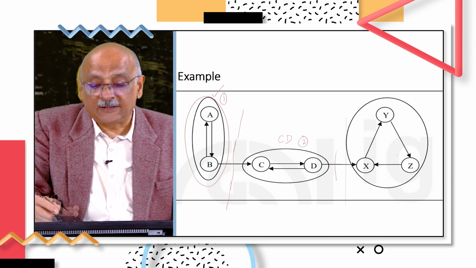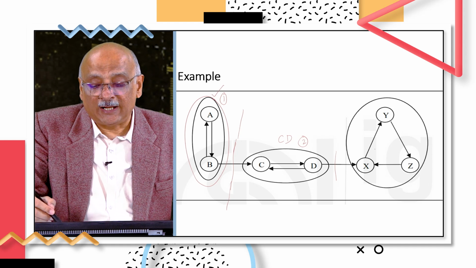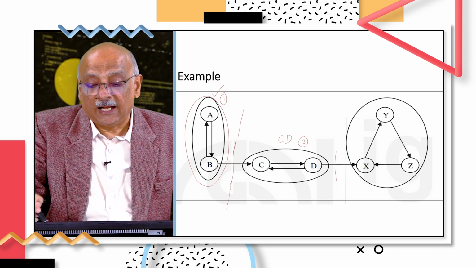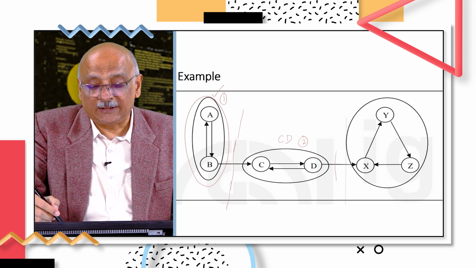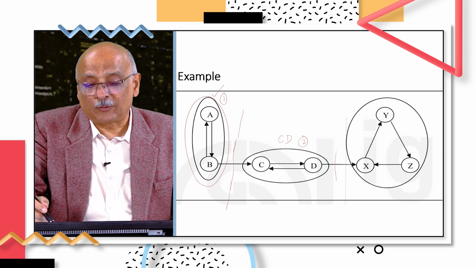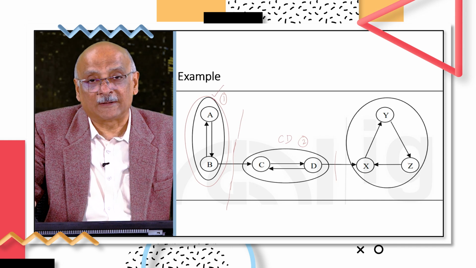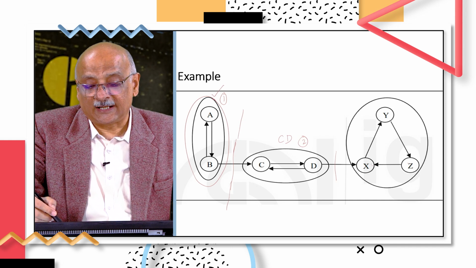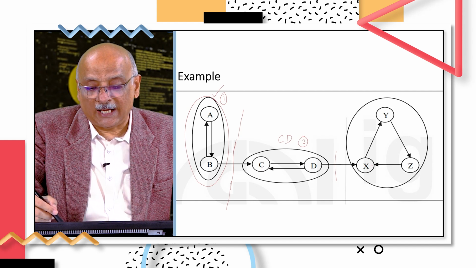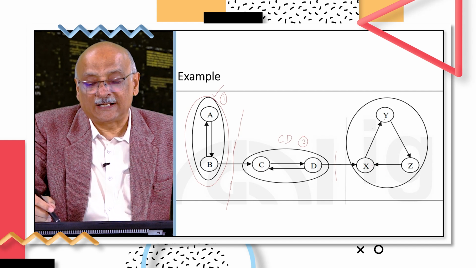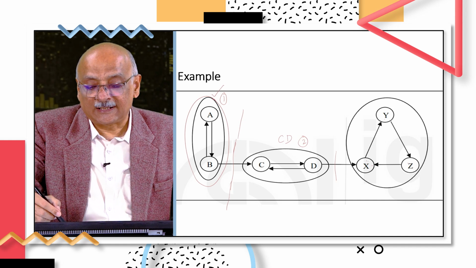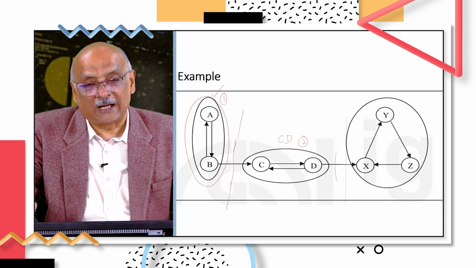And the third is this particular portion where we have x to y, y to z and z to x. If I want to move from x to y, there is a path. If I want to move from x to z, there is a path. Z to x, there is a path. What about z to y? Well, we have z to x and x to y, so there exists a path. What about x to z? There is a path from x to y and y to z.